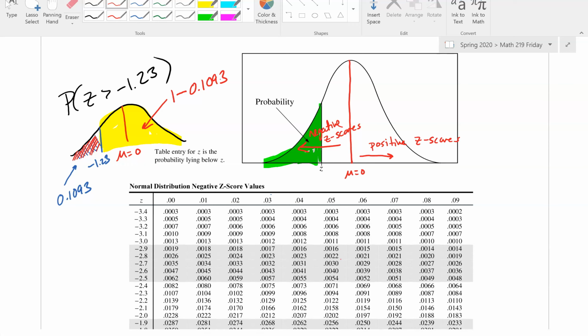Oops, 1 minus 0.1093. So that's 0.8907. That would be all this highlighted yellow space, and that's the probability of getting a z-score larger than negative 1.23.